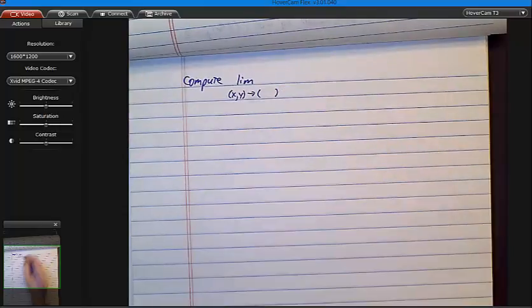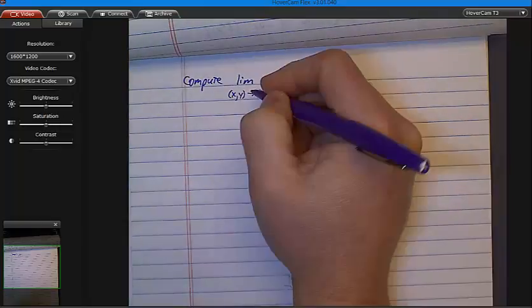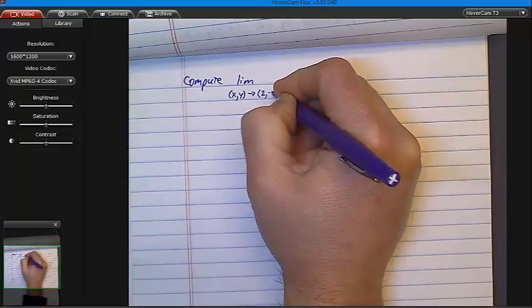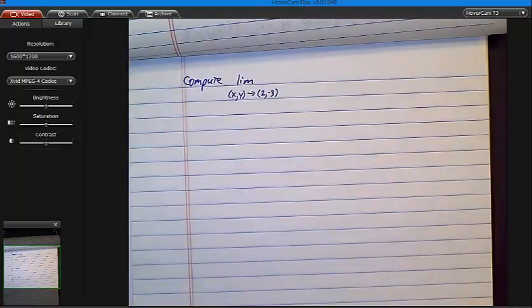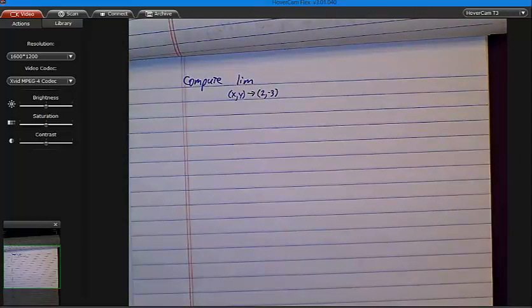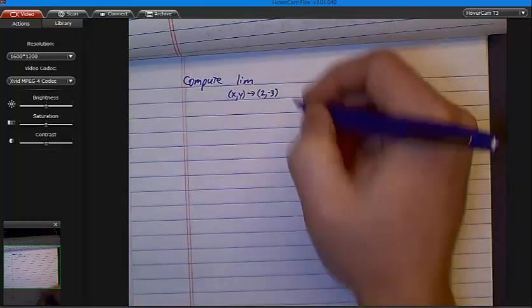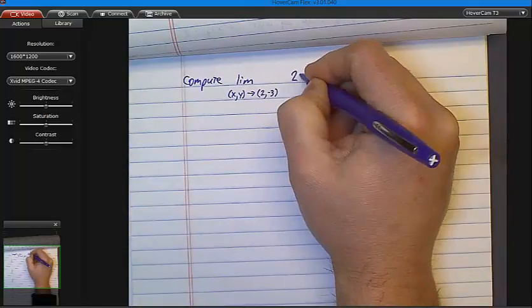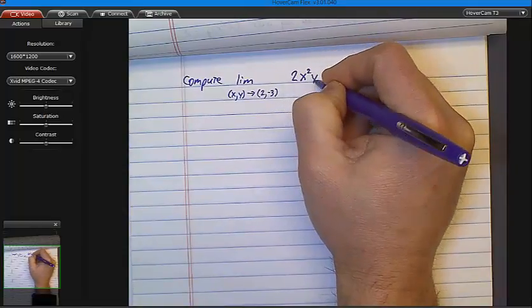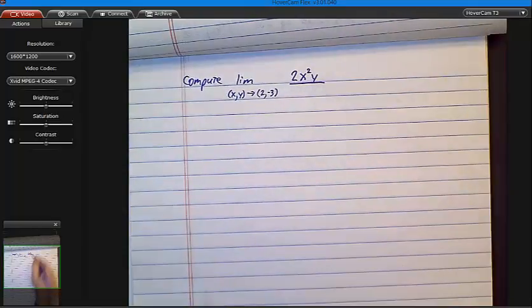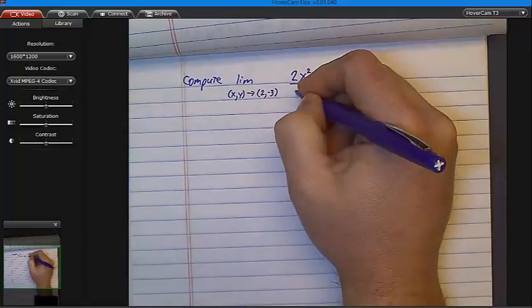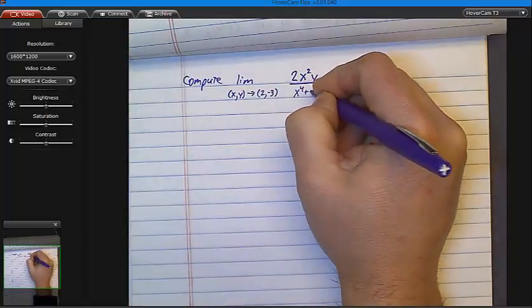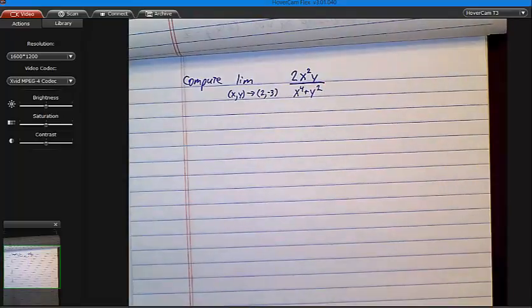I'm going to have to give you a point it's approaching. So let's say it's approaching the point 2 comma negative 3. And now I'll give you a function: 2x squared y divided by x to the 4th plus y squared.